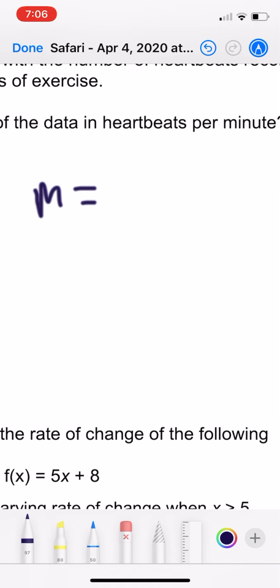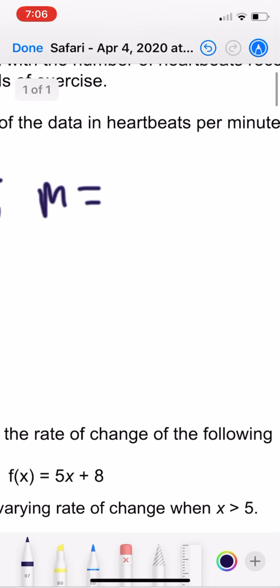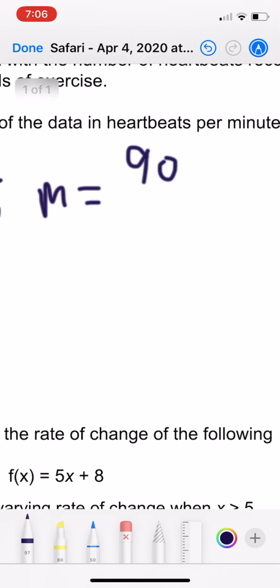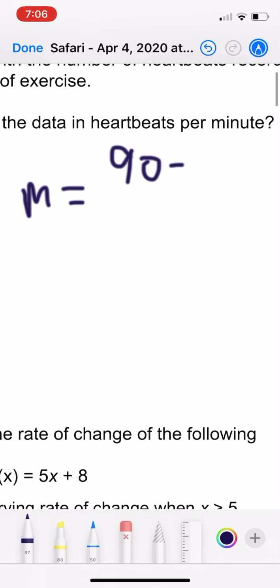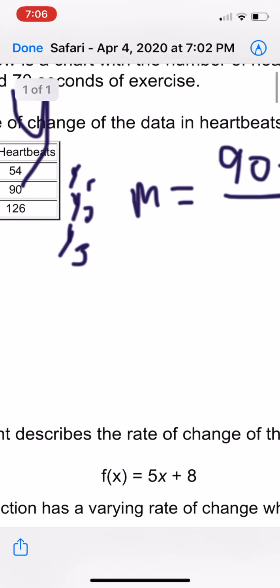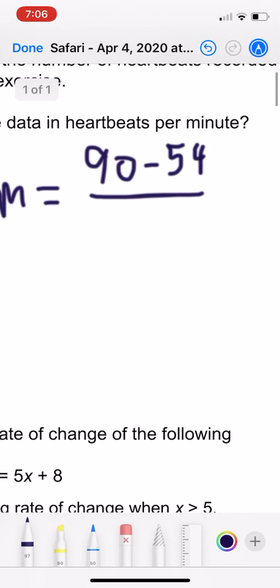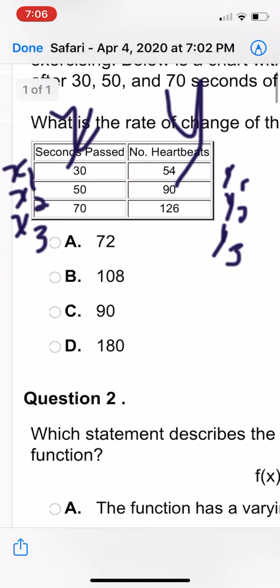So my slope is y2. So over here, y2 is 90 minus y1, which is 54. We just labeled them. Divided by x2, which is 50, minus x1, which is 30.